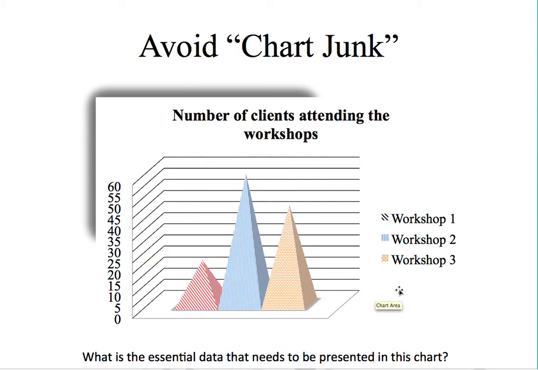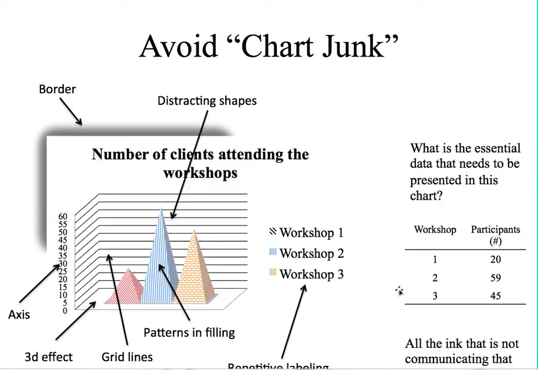Basically, it is the number of clients that attended each workshop. Here we have the essential data that needs to be presented. In workshop 1, you have 20 participants. Workshop 2, you have 59 participants. And in workshop 3, you have 45.